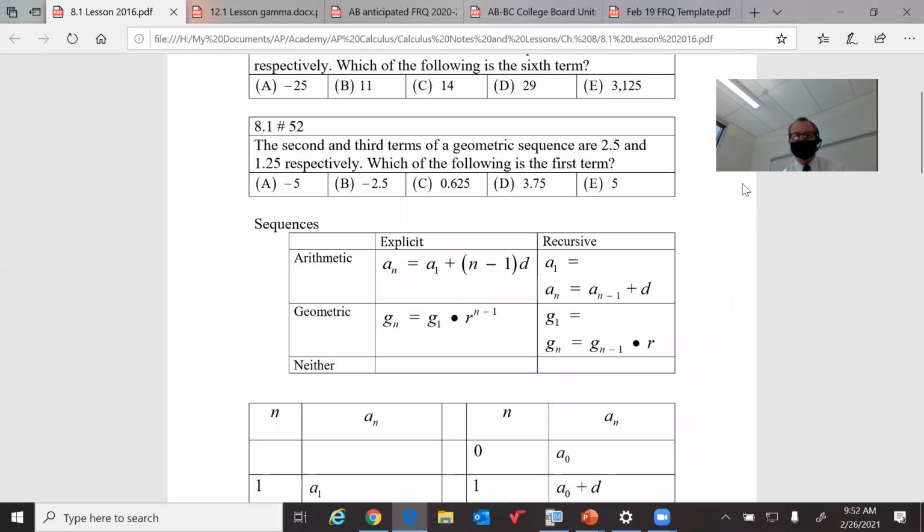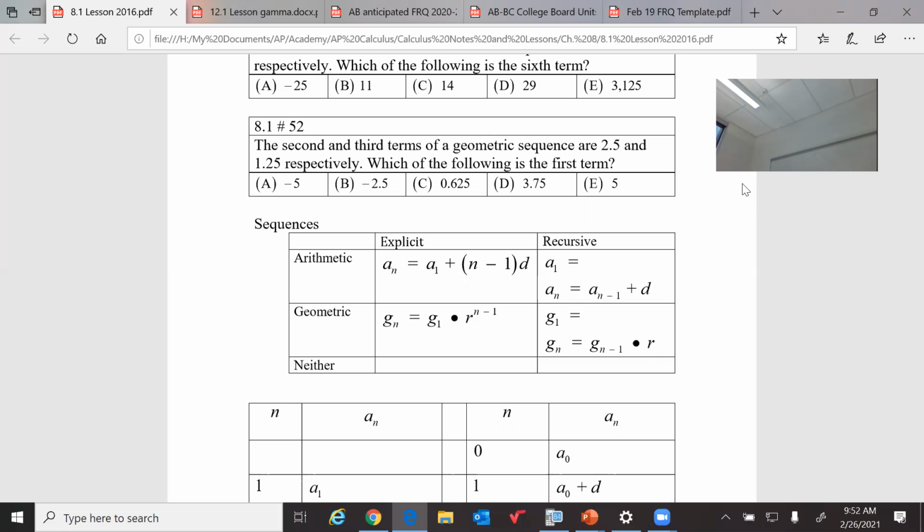We're moving on to geometric. So for a geometric sequence, what do you have explicitly? I have the first term times r, which is the constant ratio, caret n take away 1. Why?